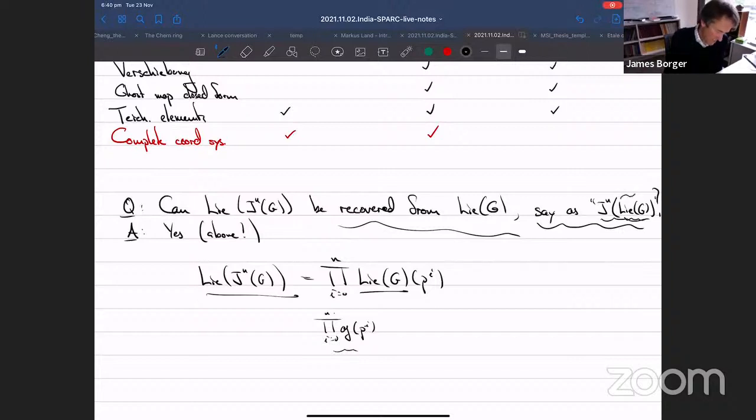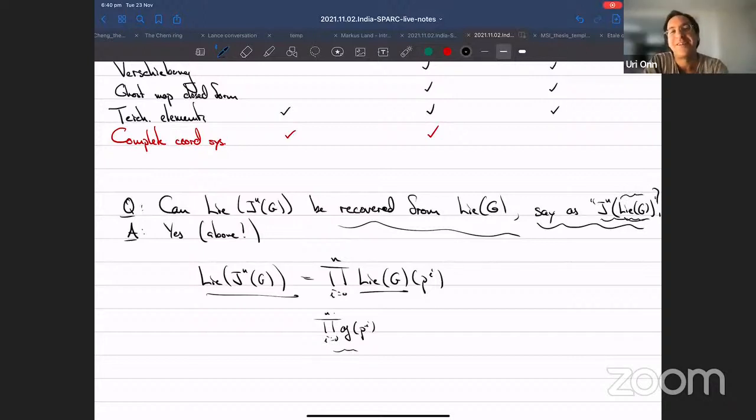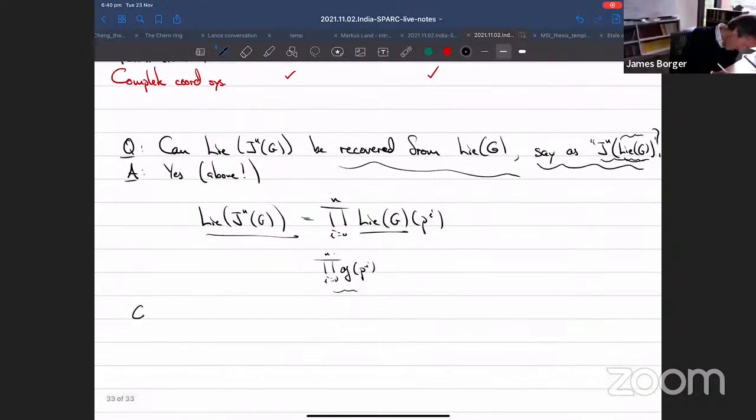Maybe you want to view this as a Lie algebra scheme. Yes, exactly. You keep the structure, so it's a Lie algebra scheme. That's a good question. So Jn of a Lie algebra scheme.